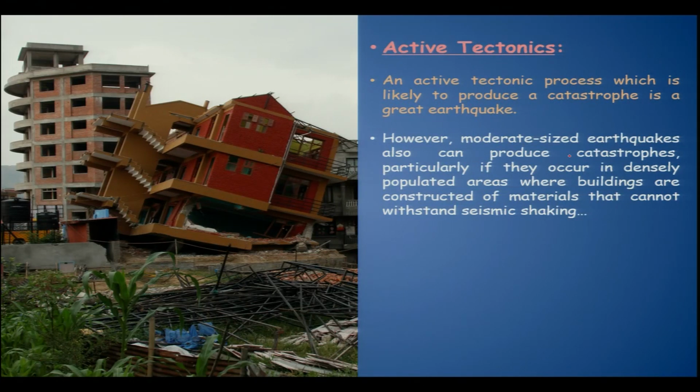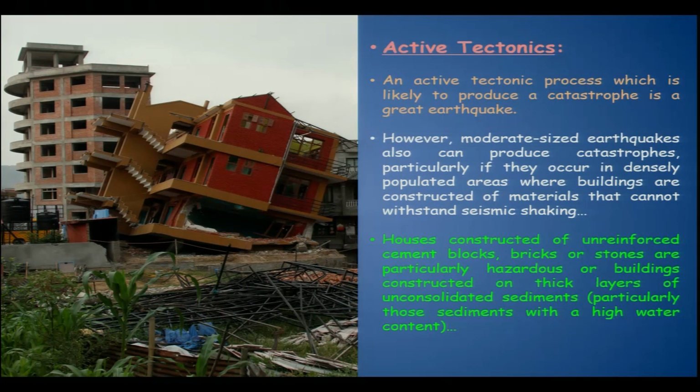We should not underestimate moderate earthquakes, particularly if they occur in densely populated areas where buildings are constructed of material that cannot withstand seismic shaking. So even moderate earthquakes with magnitude 5 or 6 will be dangerous if we have poor construction. This is one of the points one should keep in mind.